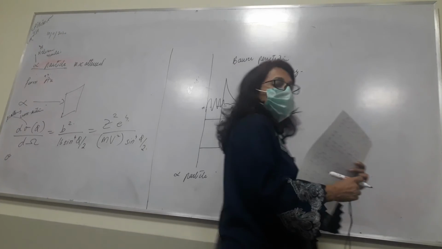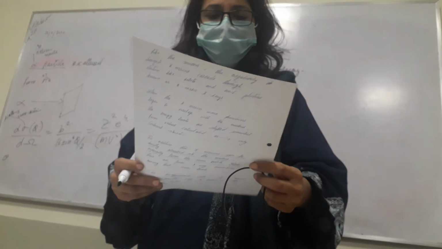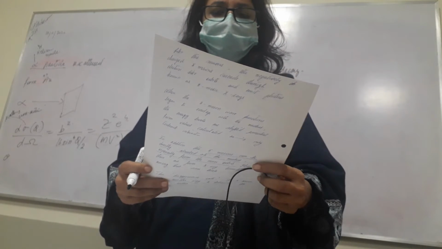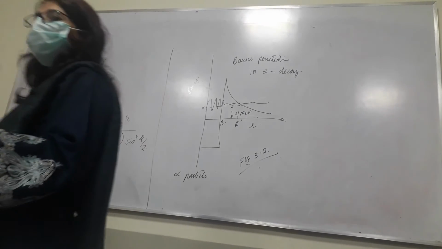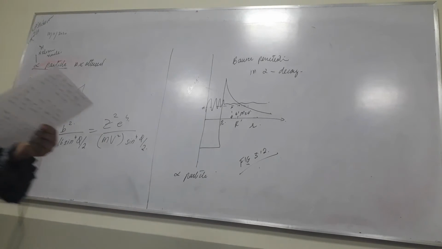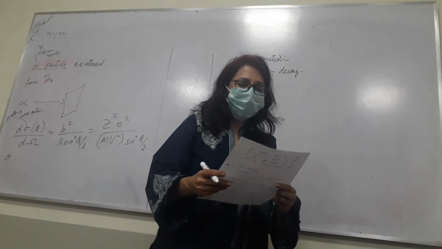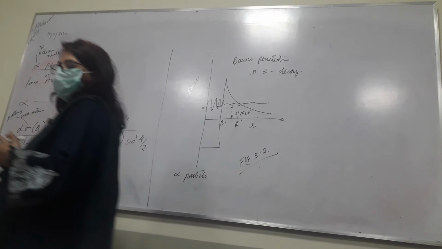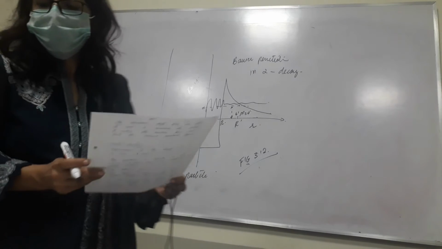And then there was another method that was used, and in this case they were using X-rays. They were measuring the energy of X-rays, and they were trying to determine how this can be related to the energy and the Coulomb interaction, and then they could relate that to the radius of the nucleus.